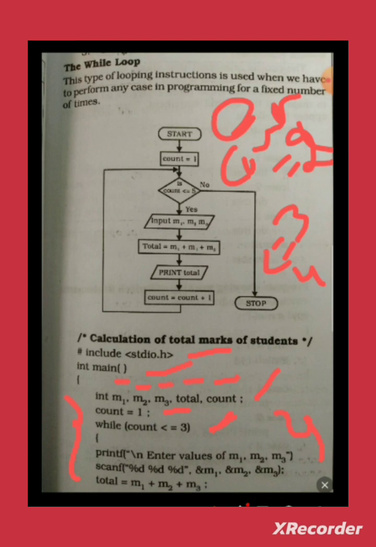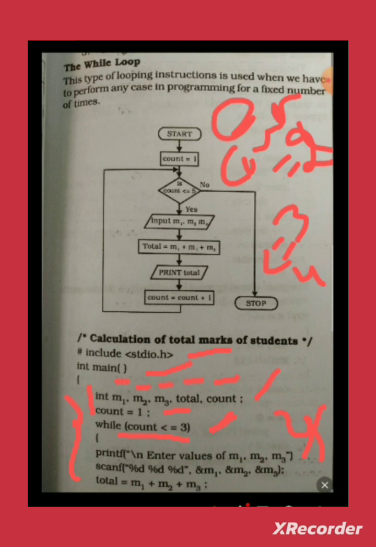So currently I have given count equals 1, right? That's why it will go inside the loop, because 1 is less than or equal to 3. It will print a message: please enter the marks 1, marks 2, marks 3. That means subject 1 marks, subject 2 marks and subject 3 marks. The system is asking the user to enter a student's marks of 3 subjects.